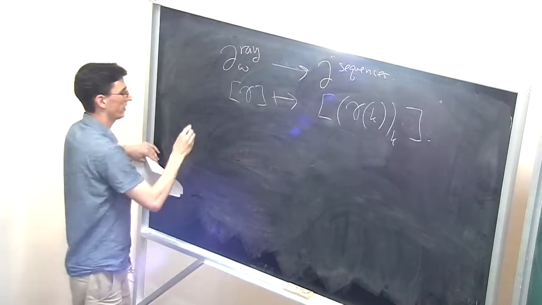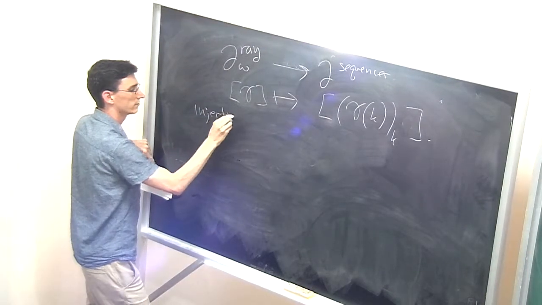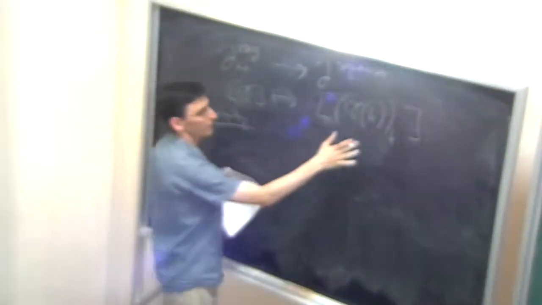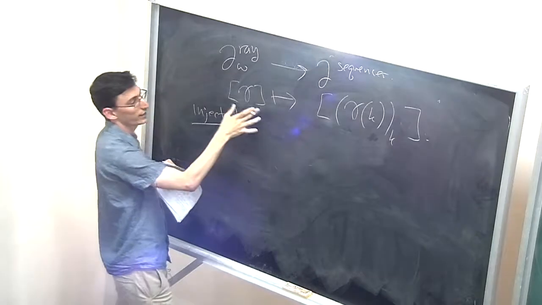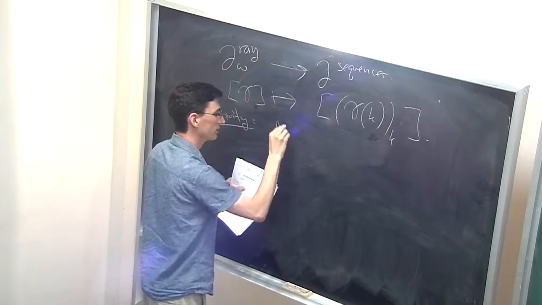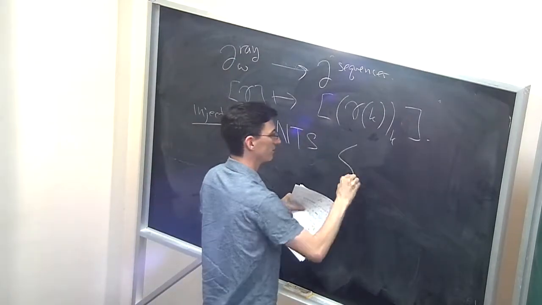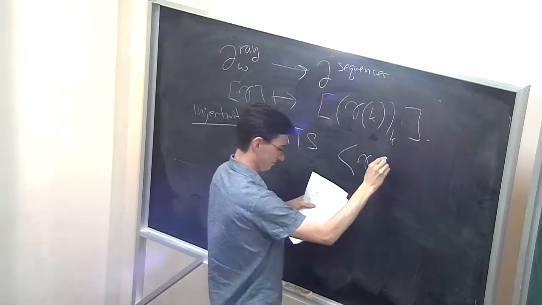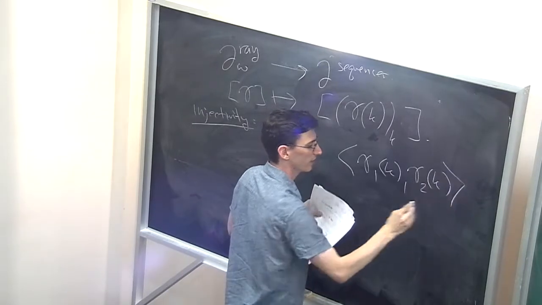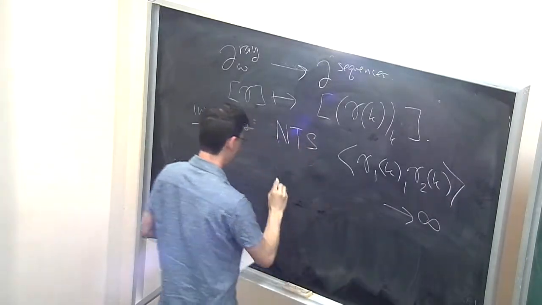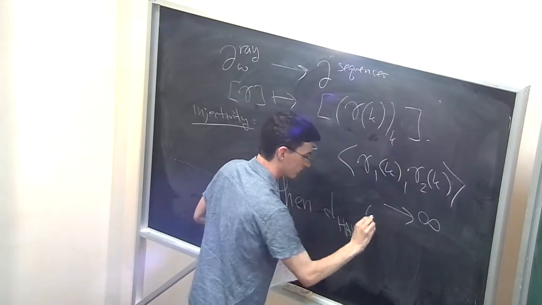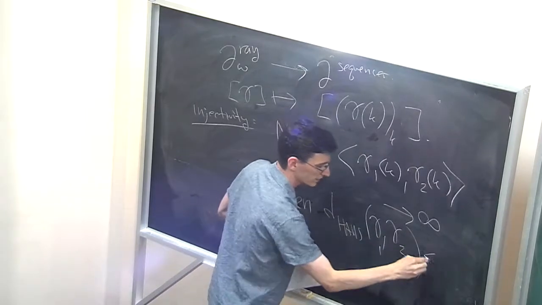So let's do injectivity. If I've got two close sequences, then secretly these have to be close as well. We need to show that if the Gromov product of gamma_1(k), gamma_2(k) goes off to infinity, then the Hausdorff distance is finite.